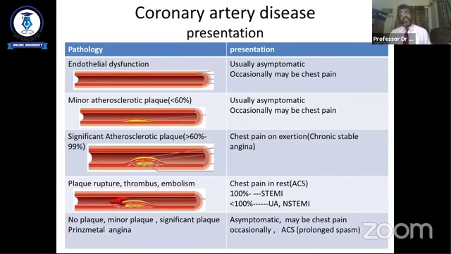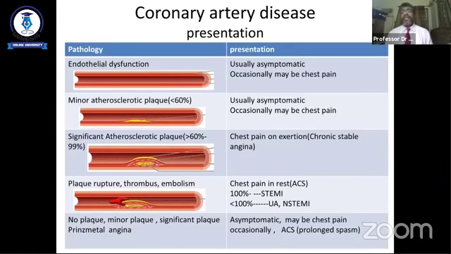Not only left ventricular hypertrophy, right ventricular hypertrophy also may cause angina due to increased demand, but blood supply through the coronary artery may be normal. So if there is a supply demand mismatch, that may lead to the development of what we call angina.